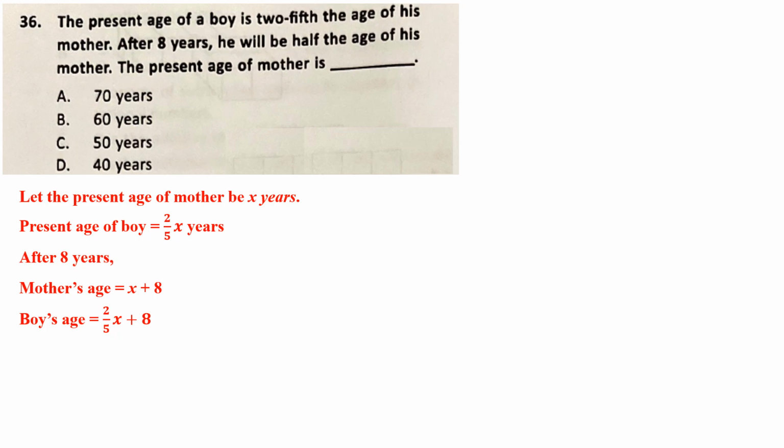So this I can write in the form of an equation: the age of the boy, which is 2/5x plus 8, will become equal to half the age of the mother. So this is my equation. Now I have to solve this equation. So 2/5x plus 8 is equal to half into x.